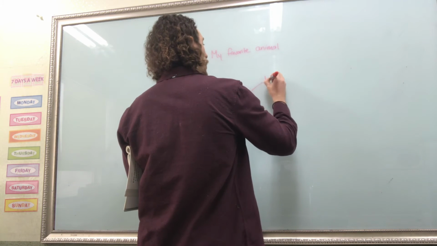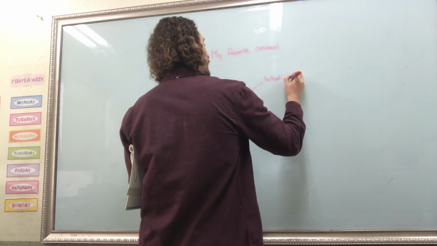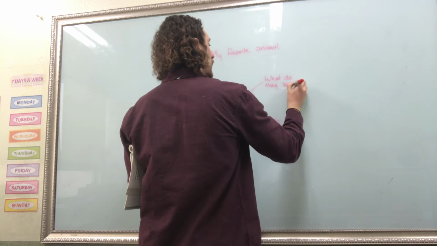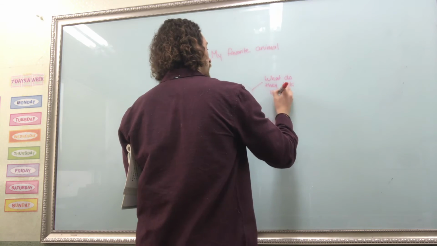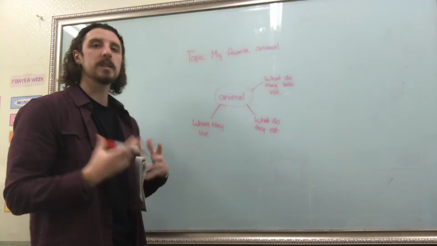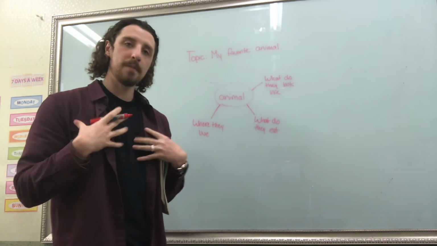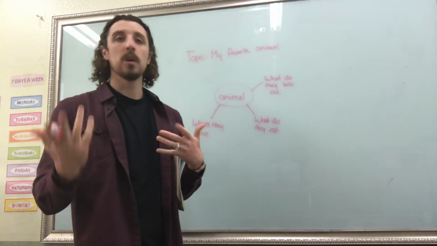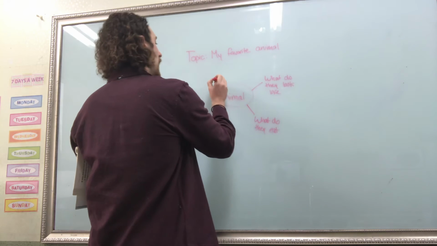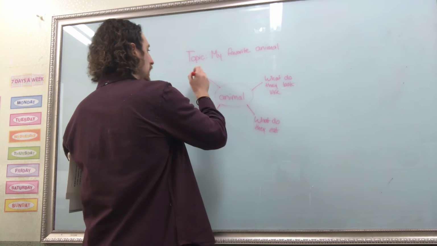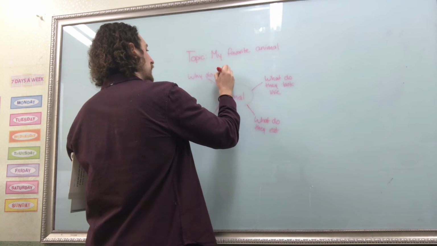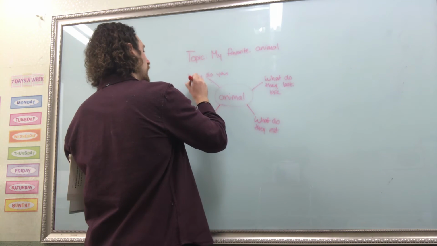Let's go with what do they look like? Describe them. Tell me if they have fur, if they have shell, if they have scales, if they live in the water. Okay, something like that. Another thing you could talk about is why do you like it?